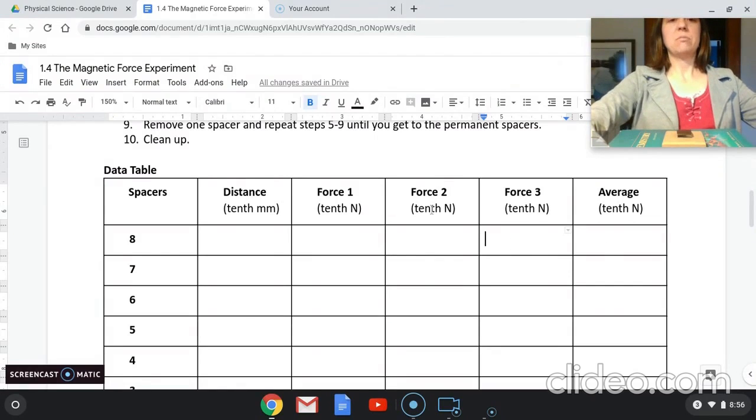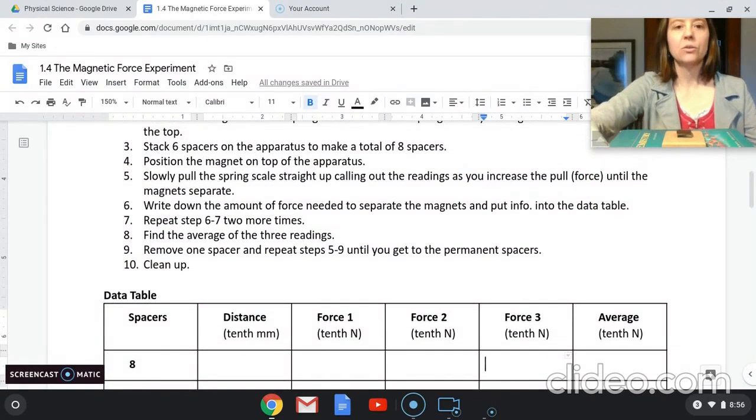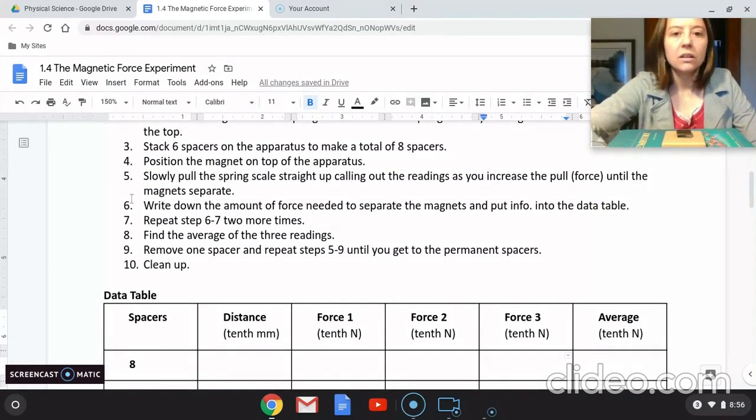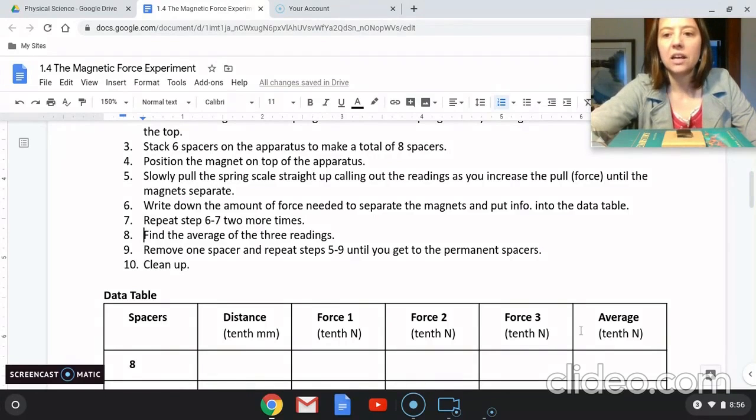We'll do the average in a minute, but let's come up here to number 6: write down the amount of force needed to separate the magnets and put the information into the data table. Repeat steps 6 and 7 two more times. Well, we already did that. And find the average of the 3 readings. Well, 0.5, 0.5, and 0.5, you add those all up together and divide by 3, you'd get 0.5 newtons.